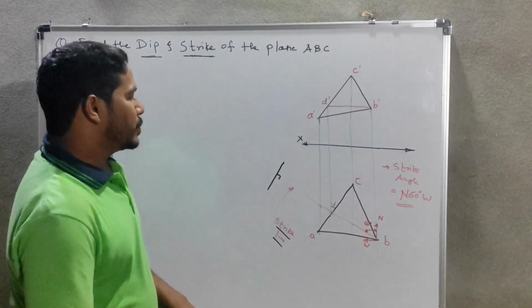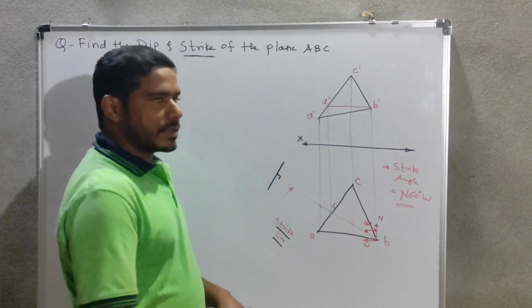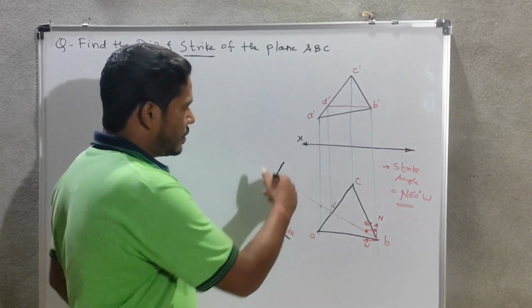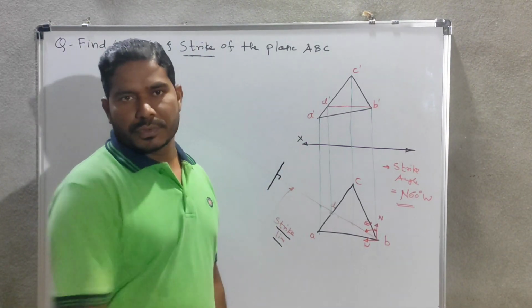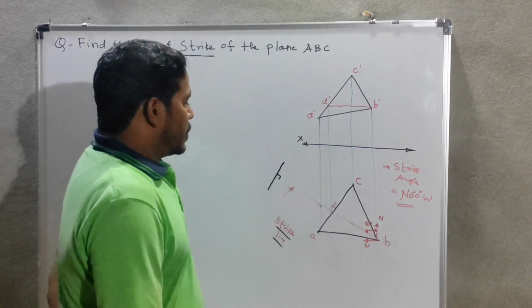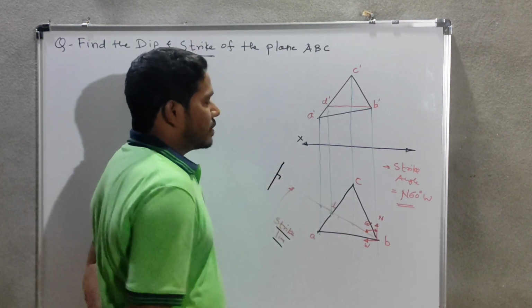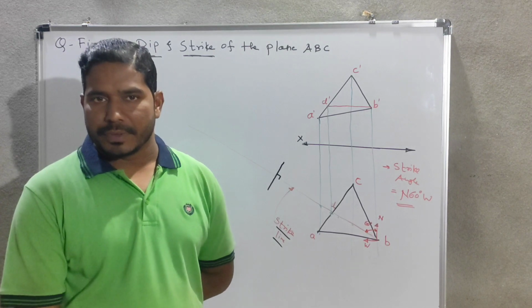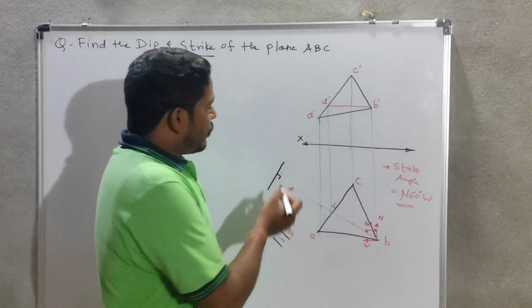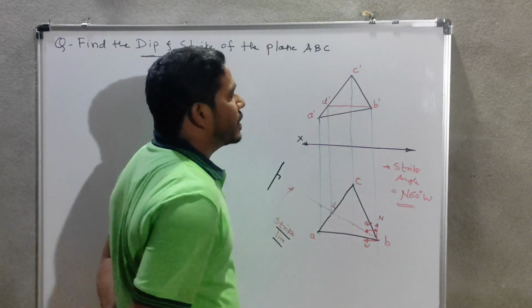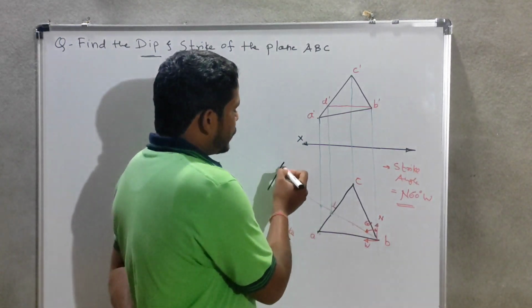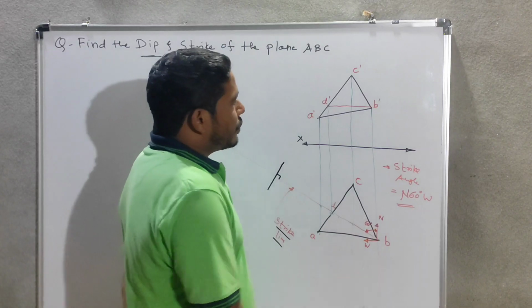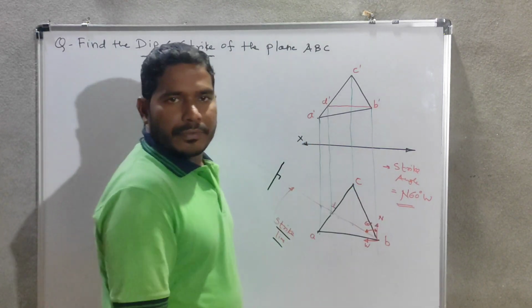Now we have to show its direction. There are two possibilities, either in the upward direction or in the downward direction. We have to check in which direction the dip will go. For this we need to be in the front view. For showing this dip direction, we have to check our front view.